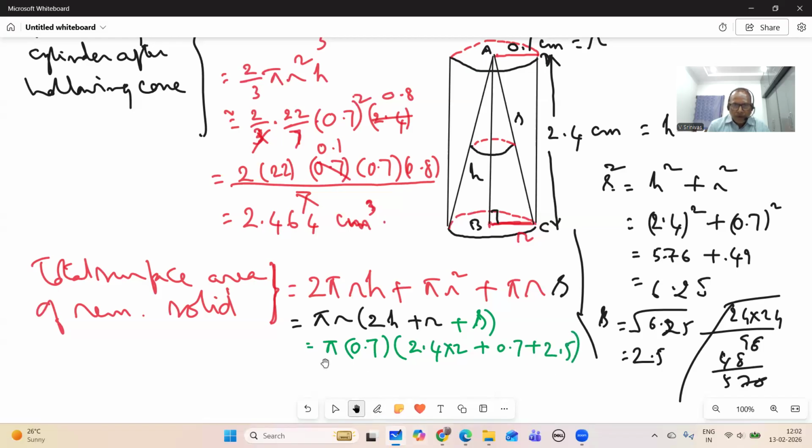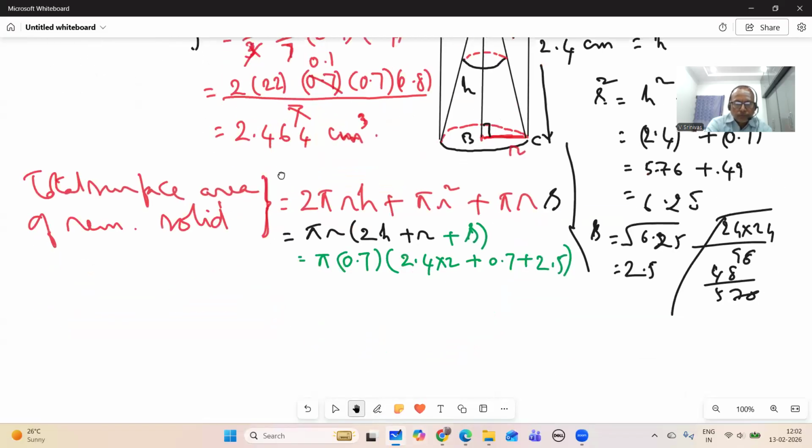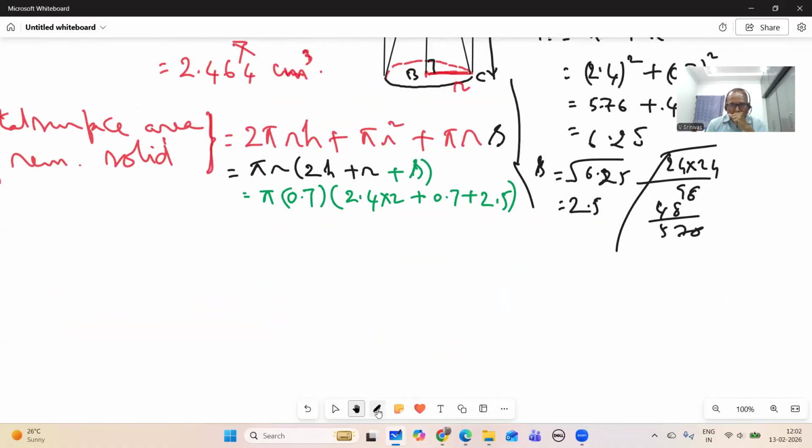Okay, so this is equal to pi into 0.7 into, this is how much? This is 4.8 plus 0.7, 2.5 is 3.2.